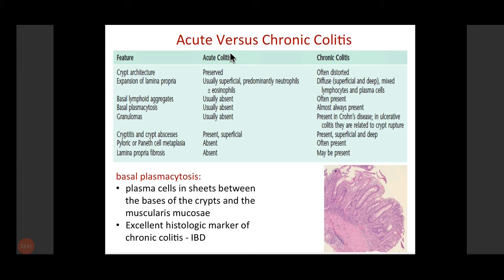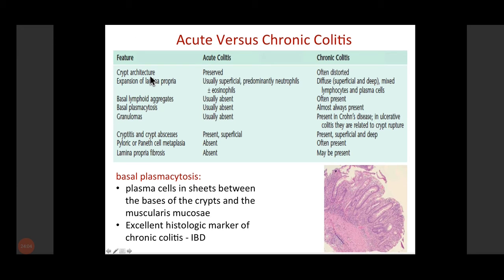IBD is an acute on chronic colitis. So there are features of chronic colitis and there are features of acute colitis. When the patient is in remission, you may see only features of chronic colitis. When the patient has active disease, you will see features of both acute and chronic colitis. So it is important to know these features individually.